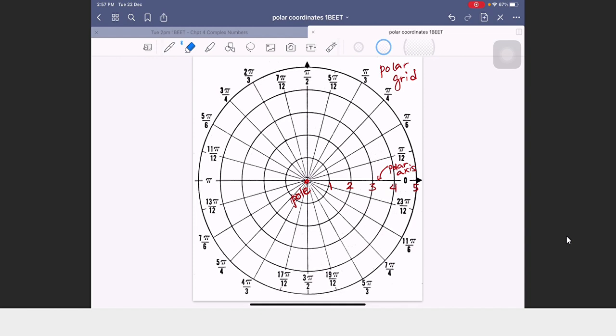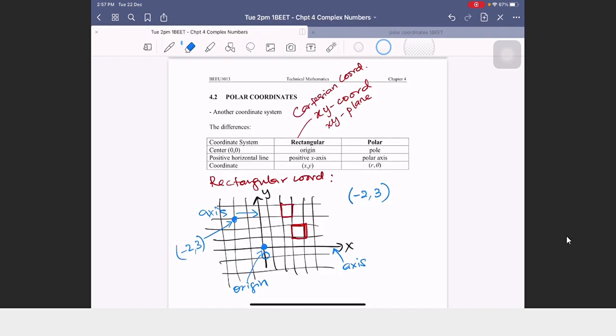We don't stop at 5, it can be 6, 7, 8, 9, 10, etc. Like our rectangular grid also, it goes on and on. It doesn't stop at 1, 2, 3, 4, 5.